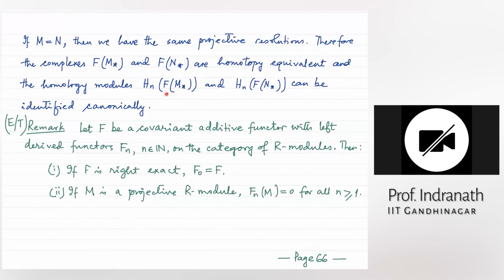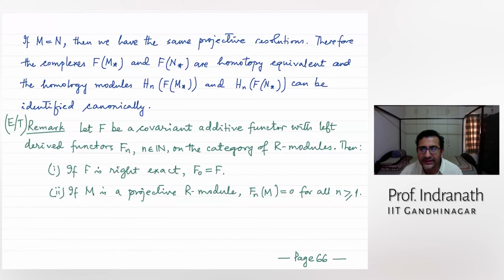Suppose from M to M dash you have an R module homomorphism, you tensor and you still get an R module homomorphism. That is what you need. And what you need is that the composition should give you 0, etc. So basically, these are the two things you need.